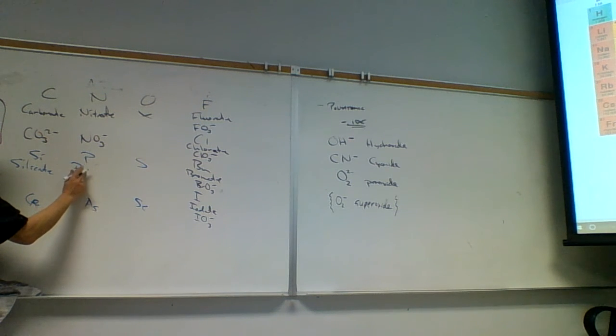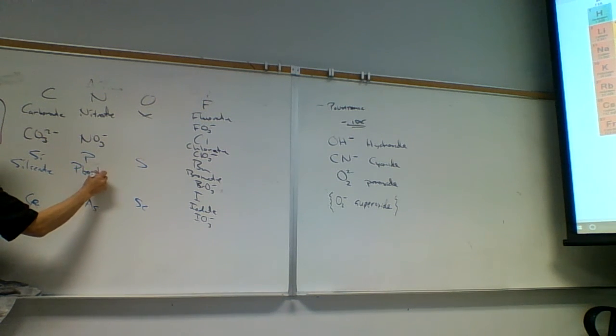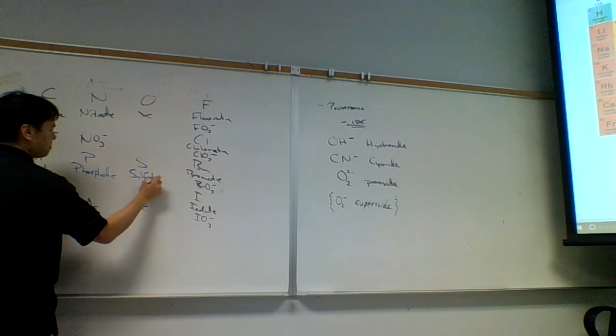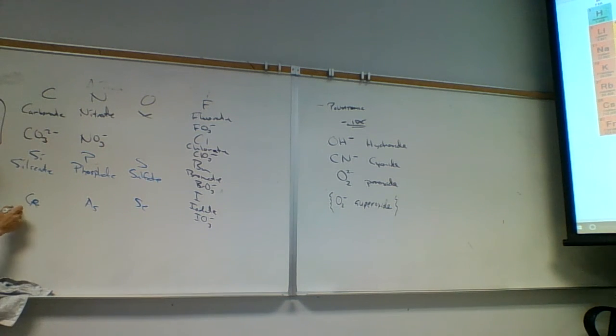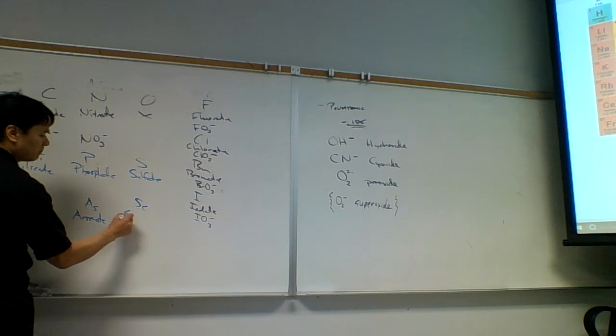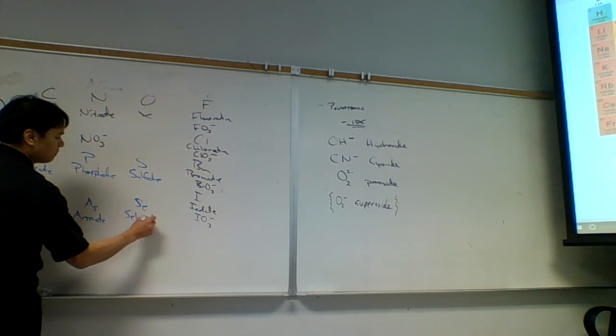All right, now what we do is we memorize silicon, that is silicate. Phosphorus would form phosphate. Sulfur would form sulfate. Germanium would form germate. Arsenic would form arsenate. Selenium would form selenate.